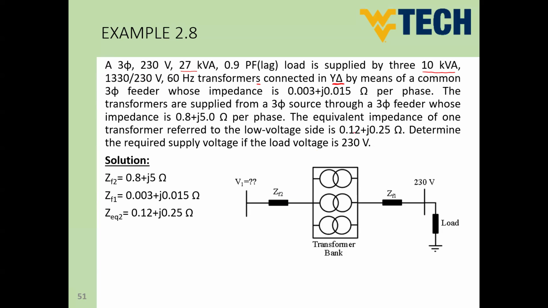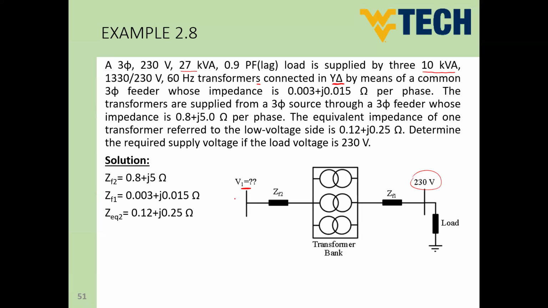So we can say this is Z transformer equivalent, or low, because this is referred to the low voltage side. What is needed here in this example? We need to determine the required supply voltage if the load voltage is 230. So this is our load volt as we mentioned, and we need to determine the supply volt. What would be the supply volt? So this is again a straightforward numerical example.